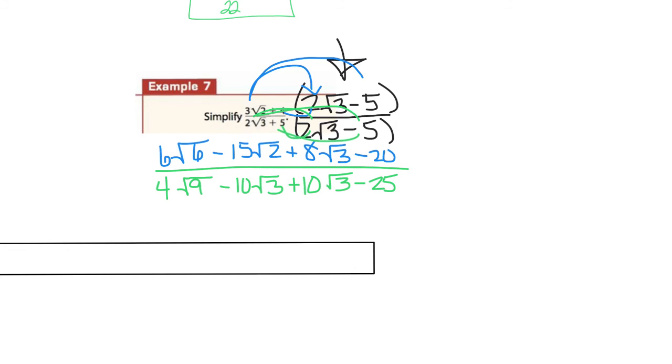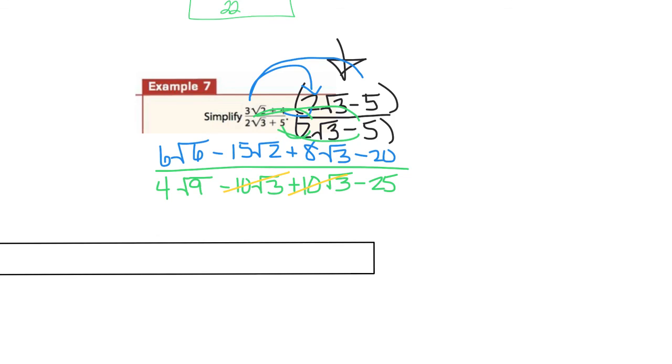So let's use that magic go away pen and let's see what goes away. These two are going to go away. So let's combine everything else we can. Let's look at the top.